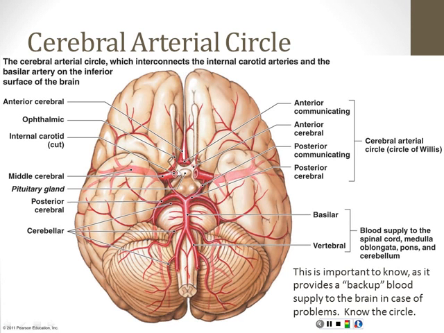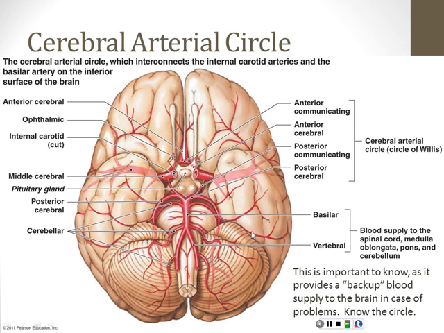So let's say you had a big giant clot here. Well, blood can come from the other side, cross through this anterior communicating, and still supply the brain. So the circle of Willis, or the cerebral arterial circle, is a redundancy.